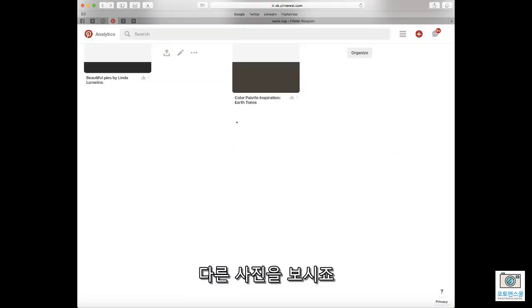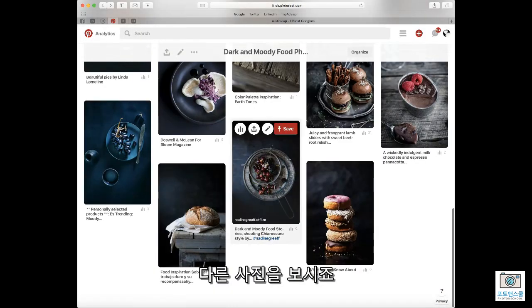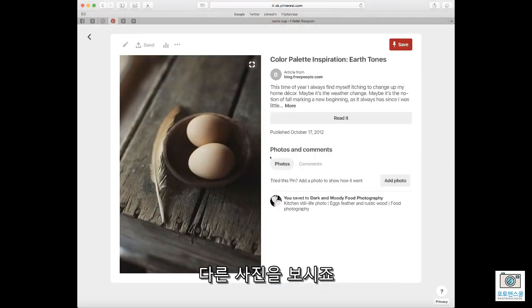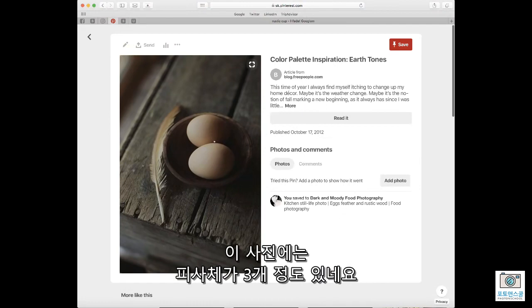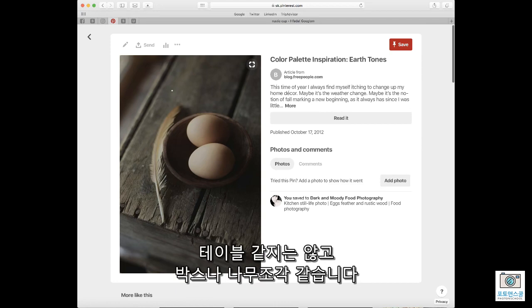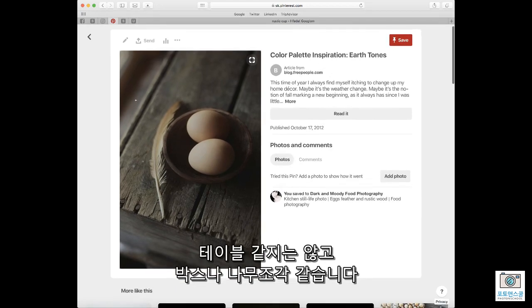Let's take a look at another one. Here are 2, 3 subjects. Again, it is a rustic surface. I don't even think it is a table. Maybe it is a box or just a piece of wood, or I don't know.